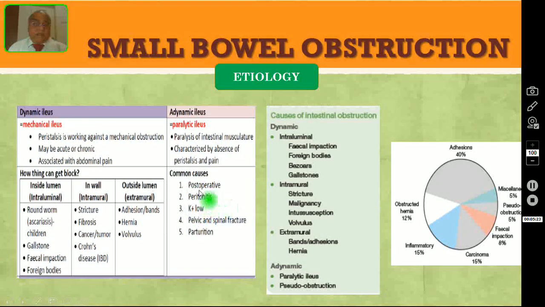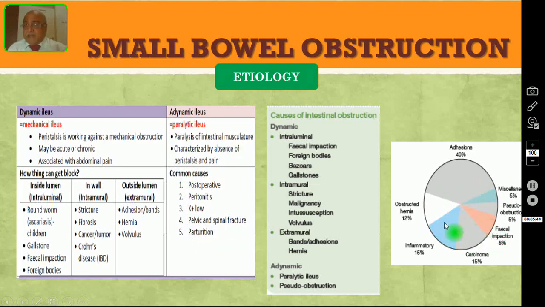Any peritonitis will cause adynamic ileus or paralytic ileus. Hypokalemia also will produce paralytic ileus. Pelvic or spinal fracture can also produce it, and parturition or delivery. So these are the different causes of paralytic ileus.